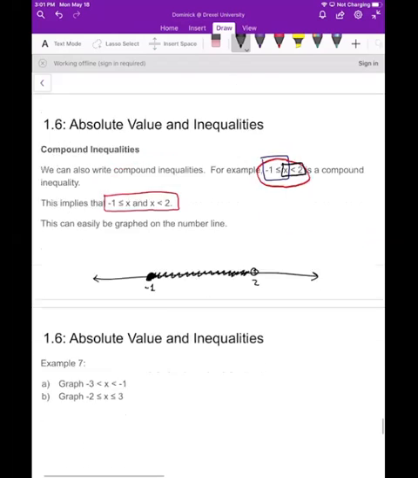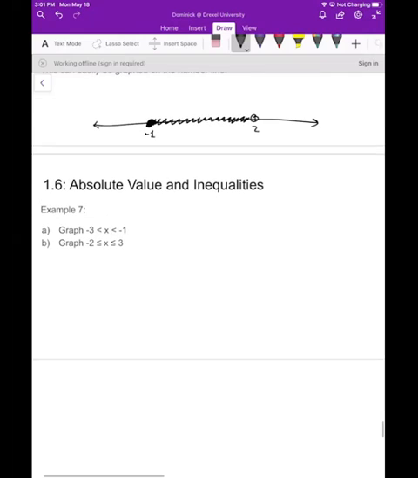Right? Of course, for example 7, same idea. We have -3 and -1. In this case, both open circles. And since it's bigger than -3 but less than -1, I again want in between here.